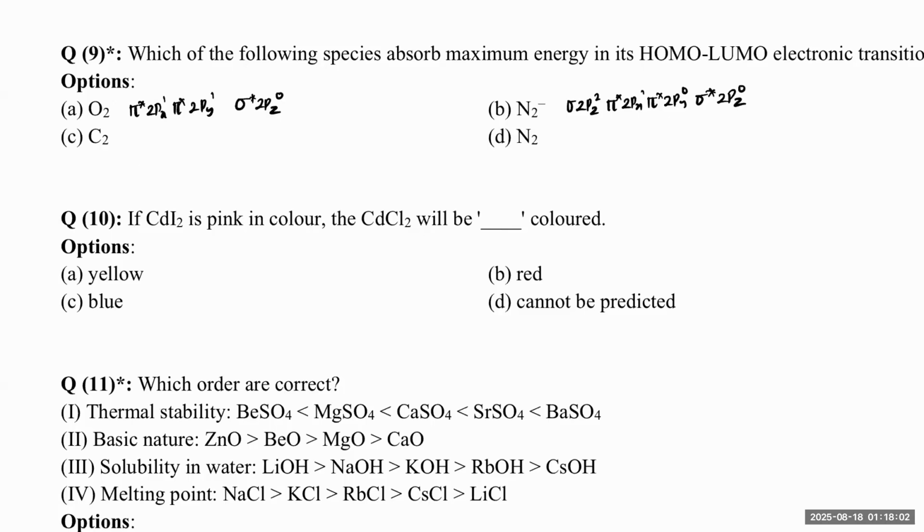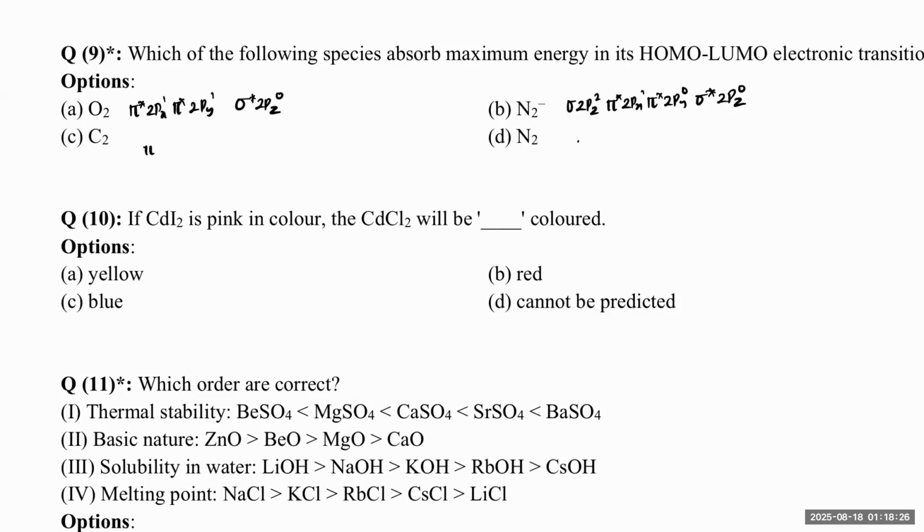C2, we have sigma 2pz2, and then we have pi star 2px and pi star 2py0. N2 will be, sorry, here I made a mistake.